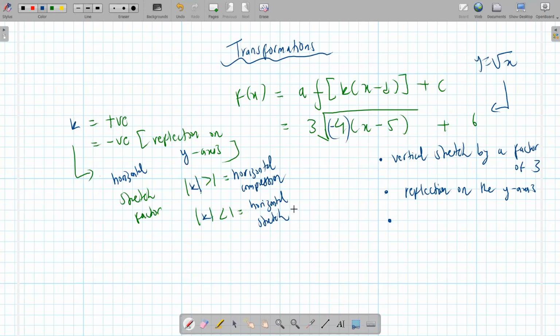Did we cover everything in this? We're not done yet. We're getting there. So the next transformation here is a horizontal compression by a factor of 1/4. It's been horizontally compressed by a quarter. Again, if you understand one of them, you're going to understand transformations for anything.